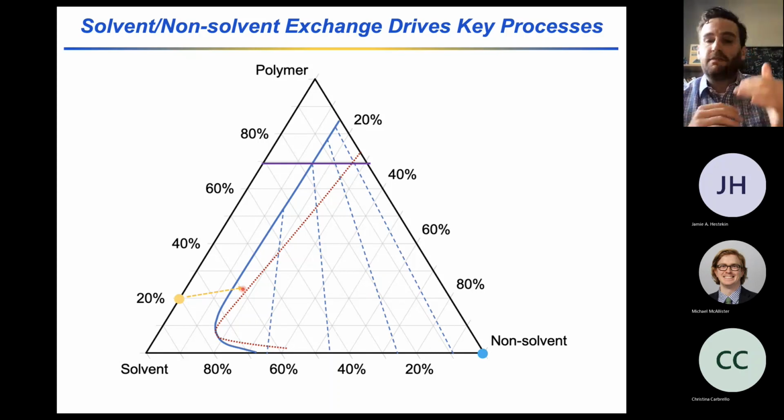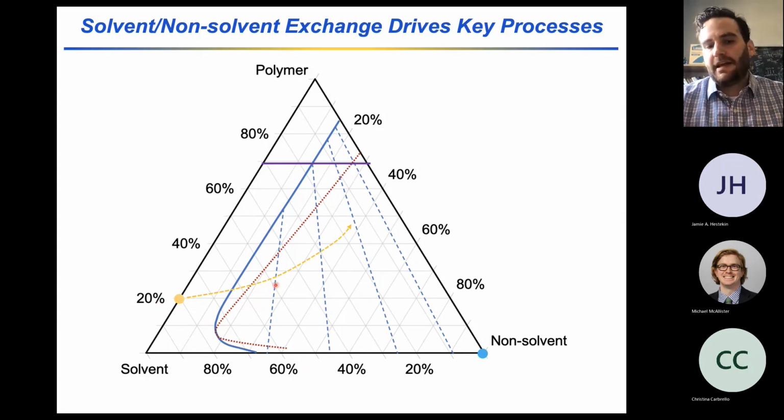And depending upon the relative rates of solvent and non-solvent exchange versus phase separation, two things can happen. If phase separation is rapid relative to the solvent exchange, you may phase separate and then begin to grow your membrane nanostructure or microstructure through a nucleation and growth mechanism, where it phase separates and then these structures ripen over time.